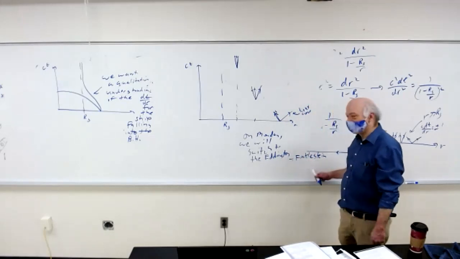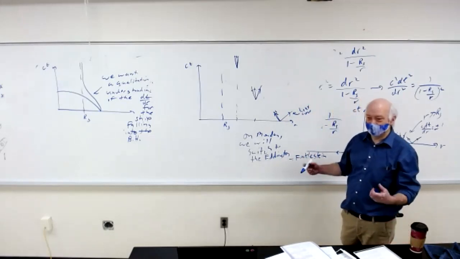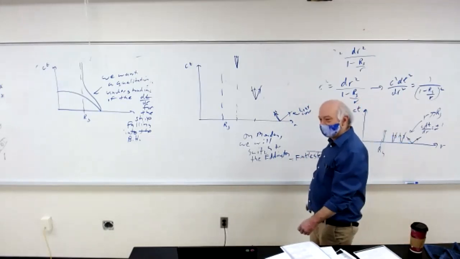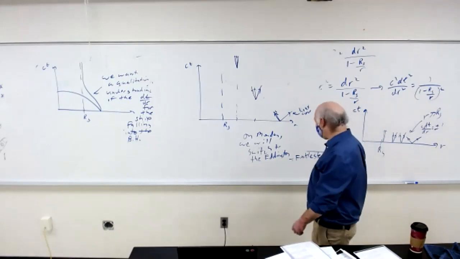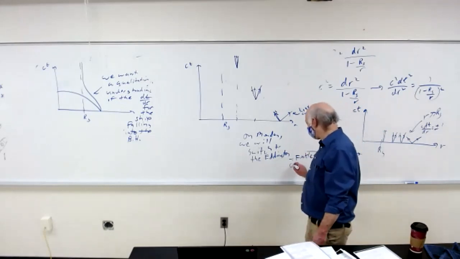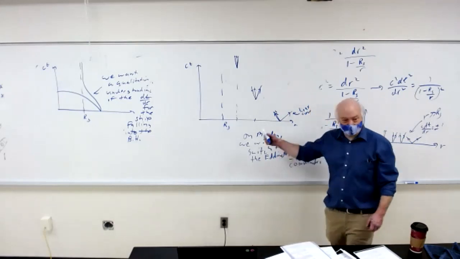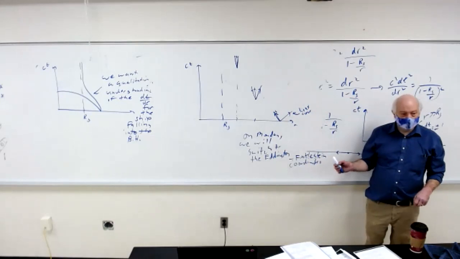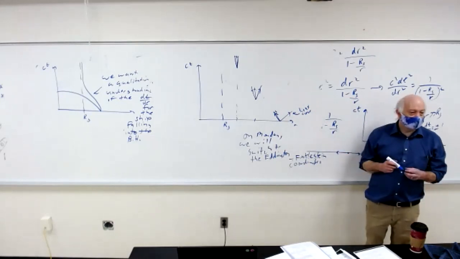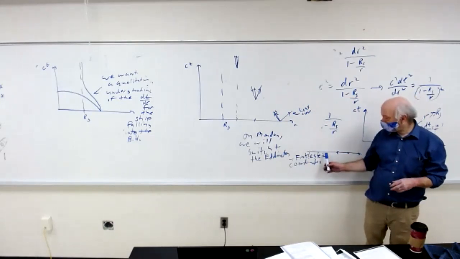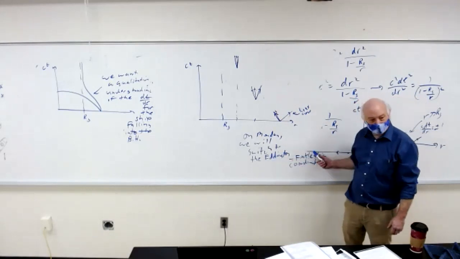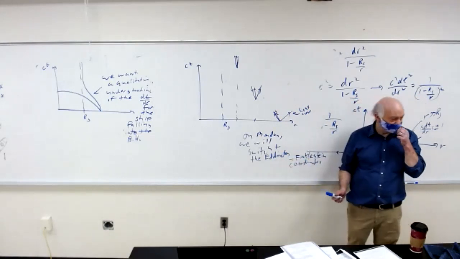Okay, I think if your name's Finkelstein, you get made fun of a lot as a kid. So anyway, Finkelstein coordinates. That's going to fix some of the problems here, but it's not going to be perfect. So this will be our first step. We do this on Monday and we'll see how that works.